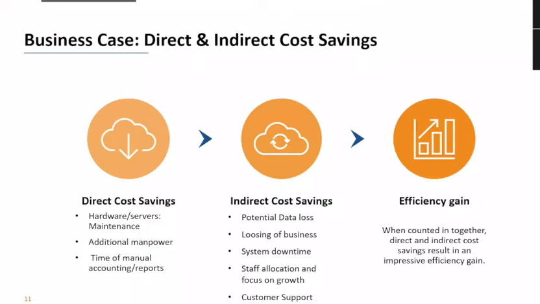An indirect cost could be potential data loss, losing business because of longer processes, system downtime, opportunity cost, staff allocation and focus on growth. So staff could focus on intellectual work rather than manual work, as well as customer support.